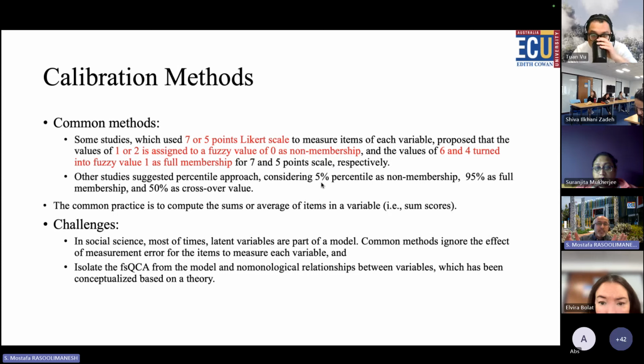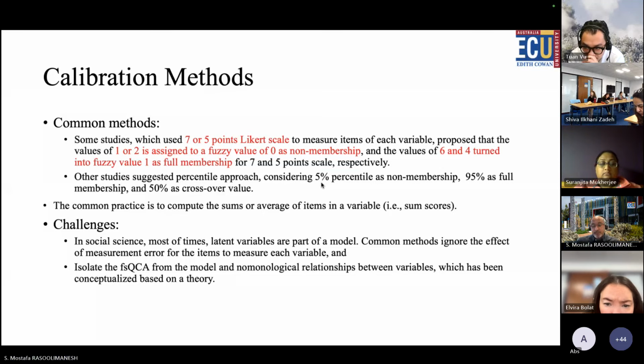Also, there are many studies that converted Likert scale to full membership and non-membership. So, for example, if you have a 5-point Likert scale, they consider 5 or 4 as full membership and assign values above 4 to 1 as full membership. They consider 1 and 2 as full non-membership and 3 as crossover. So values between these can be considered in or out.